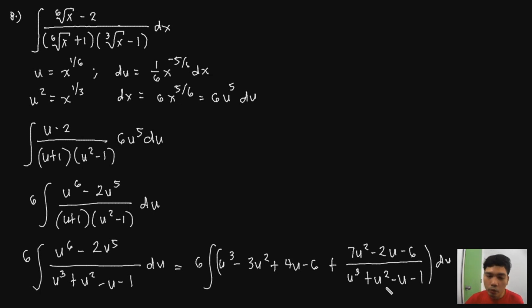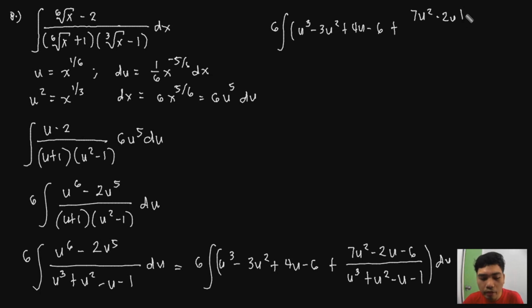So if that's the case, then this can still be treated as irreducible. So we can have 6, the integral of u cubed, then minus 3u squared plus 4u minus 6, and then plus 7u squared minus 2u minus 6 divided by, which came from this expression, u plus 1 u squared minus 1. So I can have u plus 1, and then u plus 1 u minus 1.